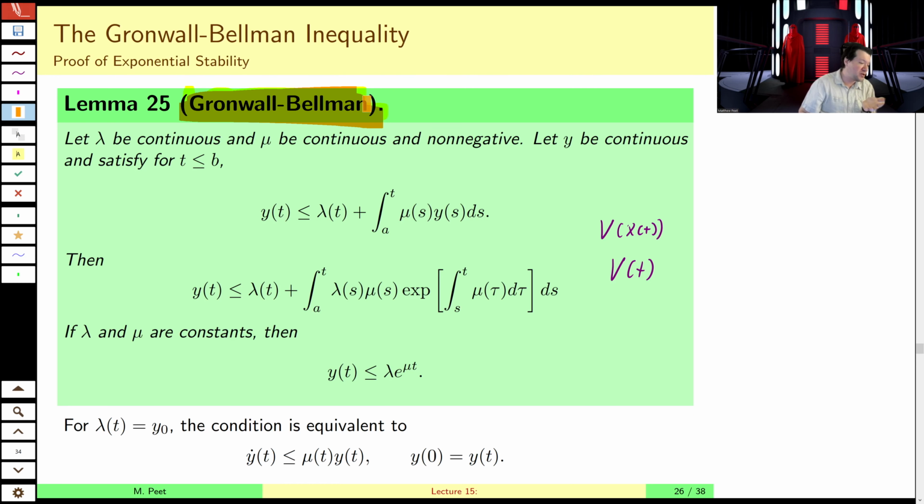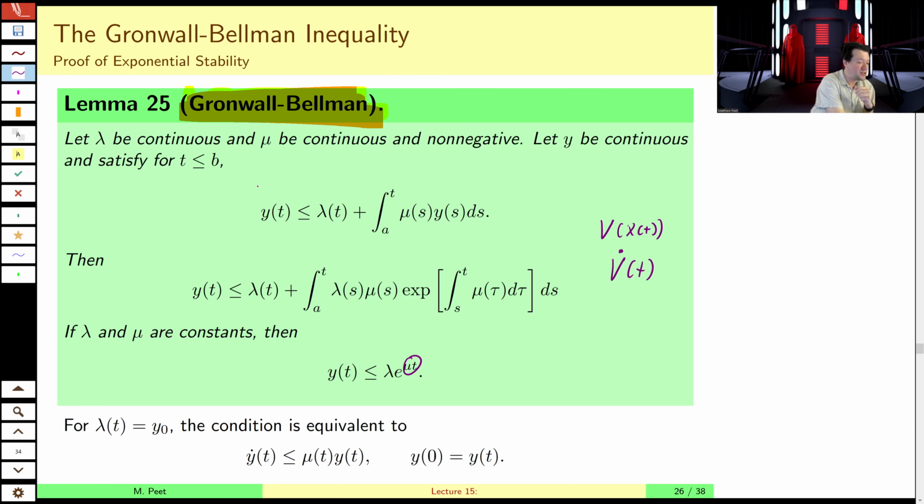So it's worth going through a little bit. Basically, it gives you a condition on V dot which allows you to conclude various properties of the solution, in particular exponential growth or decay of the solution, or a bound on that exponential growth or decay. In stability, we want it to be decay. In existence, we prove growth. But we're not going to talk about existence.